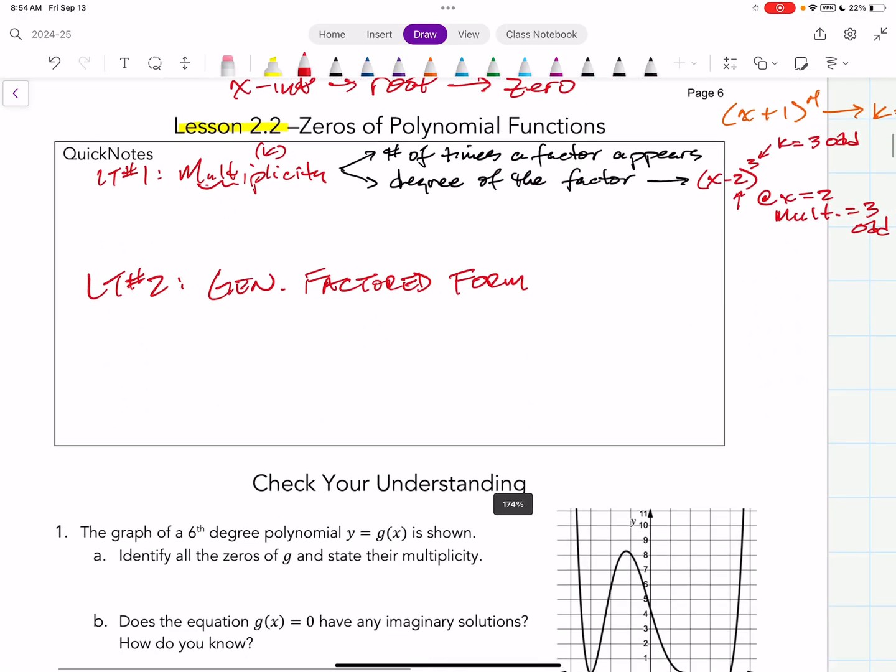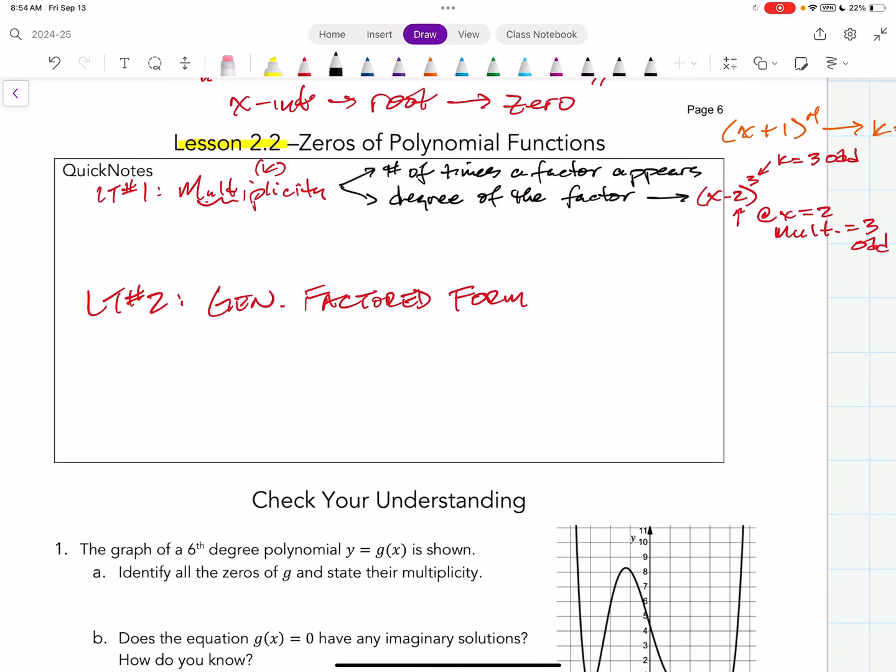But in general, we say general factored form looks like this. So f of x looks like some lead coefficient a. A could be positive or negative, times x minus r1, where r1 is a root, times x minus r2, where r2 is another root, times x minus r3, the third root.